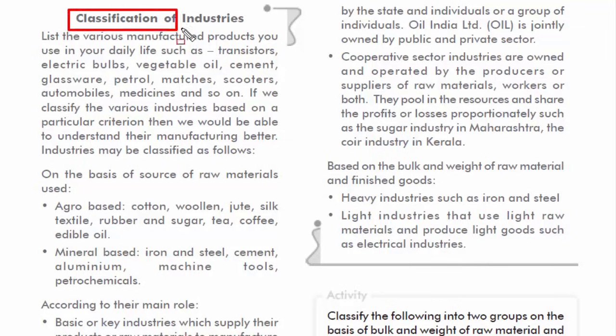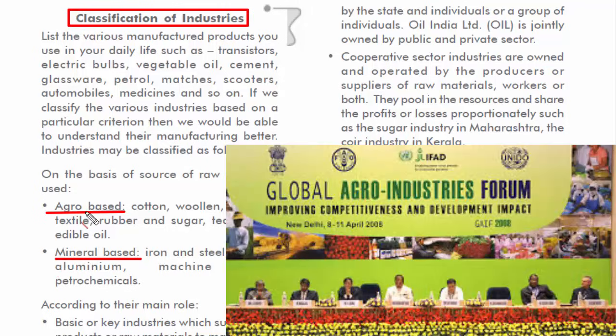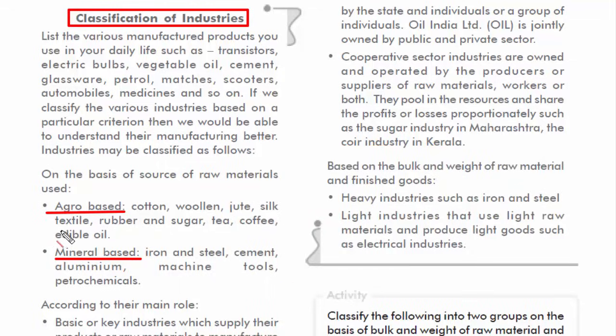Now we are going to read about the classification of industries. Industries are classified based on the raw material that they use. I repeat, based on the raw material that they use. That's how we have agro-based industry and mineral-based industry. Examples of agro-based are cotton, woolen, jute, silk, textile, rubber, sugar, tea, coffee, and edible oil.